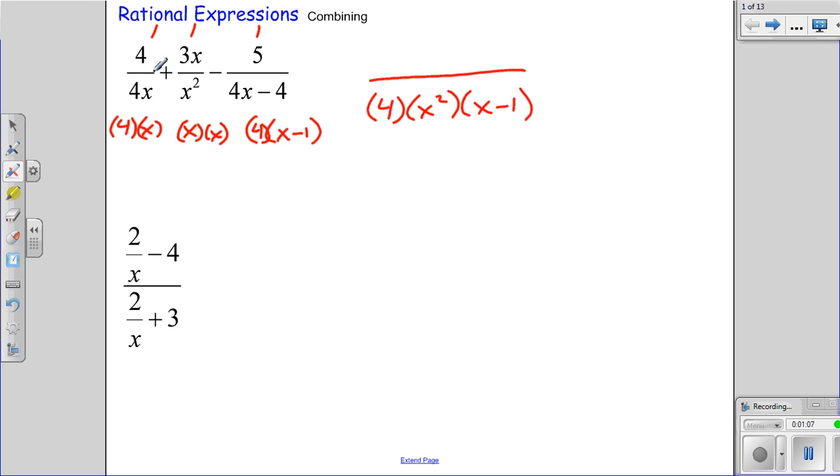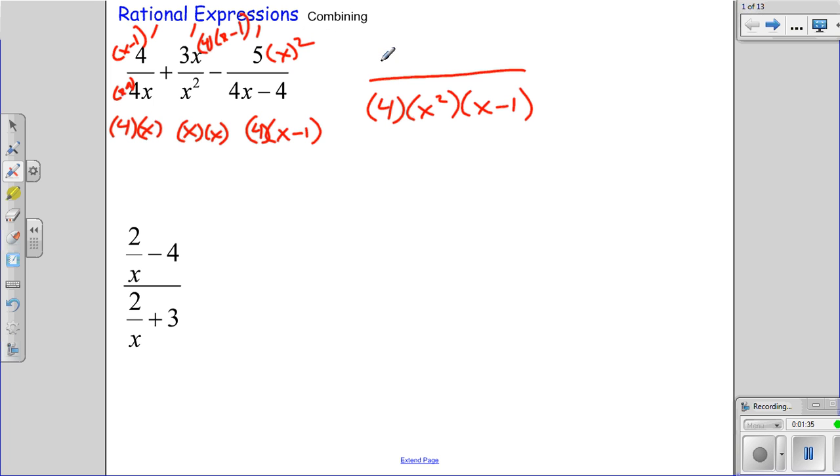So over here, I'm going to add what's missing. So notice this one here, I'm missing the x minus 1. So I need to add it to the top. Here, I'm missing simply, I have the x squared, but I'm missing the 4 and the x minus 1. And then this last one here, the only thing I'm missing is the x squared.